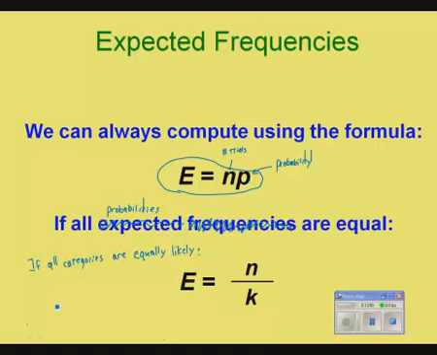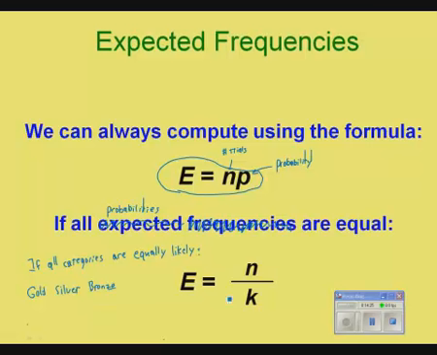So, for example, suppose I have 3 categories. Gold, silver, and bronze. This is a very dumb example, but it might work. Suppose I tell you your chances of getting a gold, a silver, or a bronze are equally likely. Then what's the probability of getting any one of those? 1 out of 3.